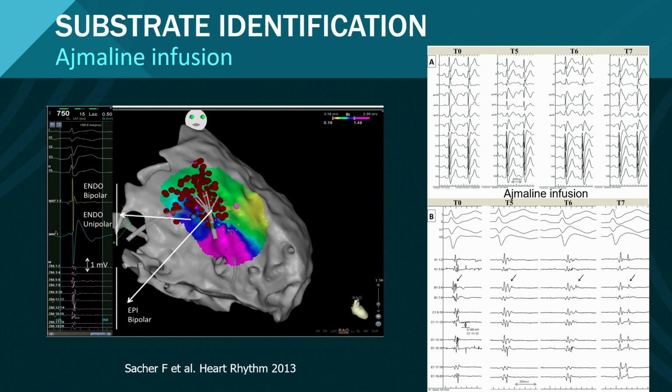If the substrate is not very clear to you, you may use ajmaline. And clearly it will aggravate the poorly coupled nature of those potentials, which are your target for that substrate-based approach. It's something to be used with caution. I mean, patients with severe Brugada syndrome may react poorly to ajmaline, and you may end up with a difficult situation with a lot of ventricular fibrillations to deal with.